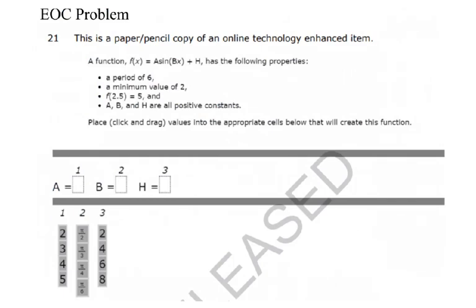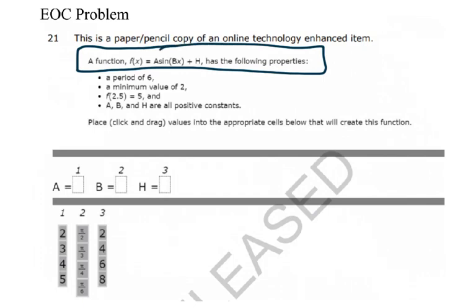Okay, so that's kind of weird. But I want you to see what an EOC problem would look like. So function f of x equals a sine b of x plus h. That looks exactly like the problems we just did, except it's got that plus h on the bottom. Alright, it has a period of 6, meaning that when I do 2 pi divided by b, I get 6.